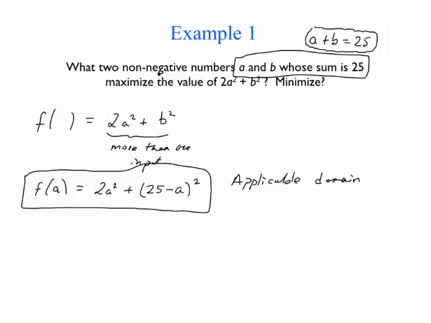So it says two non-negative numbers whose sum is 25. So A could be as... So we're trying to figure out what the lowest value of A is and what the highest value. So what interval of A do we have that meets the conditions? So A could be as low as 0, non-negative.